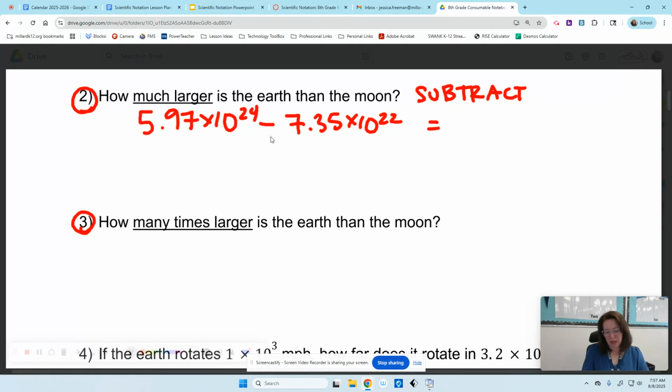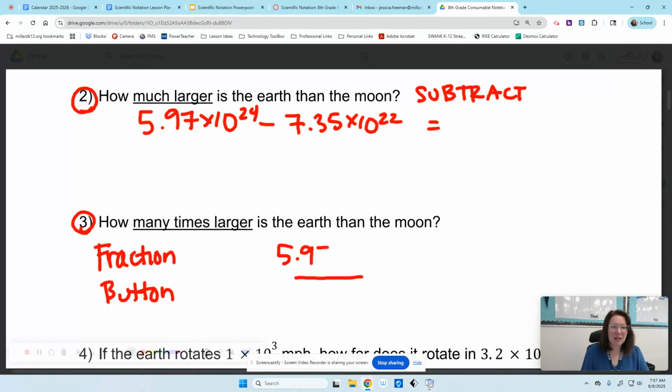But the shortcut I do is, instead of using the divide symbol, I click the fraction button first. Fraction button. And that gives me the option, it does this. And then I just type the Earth on top, 5.97 times 10 to the 24, and the moon on the bottom, 7.35 times 10 to the 22.